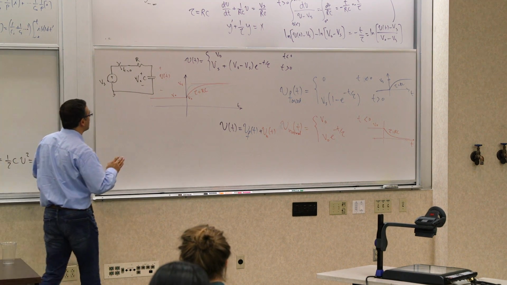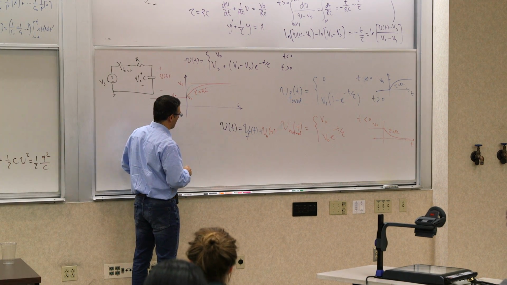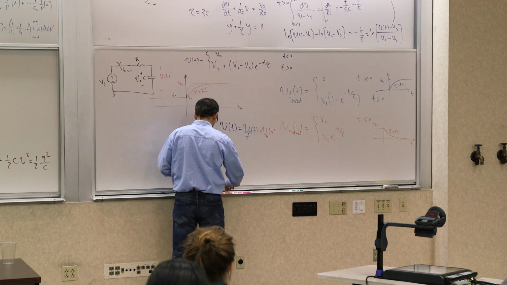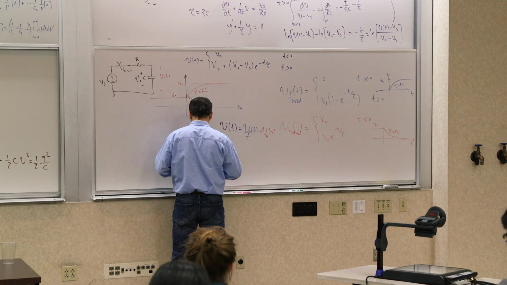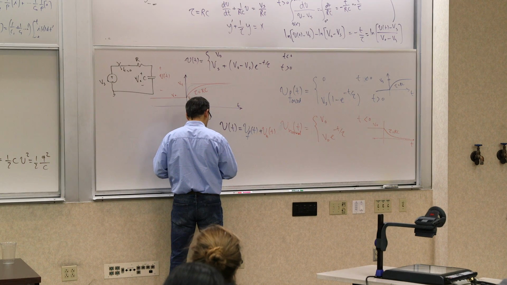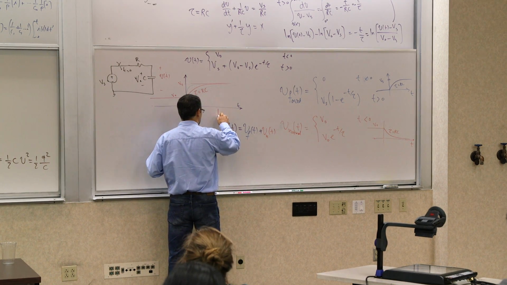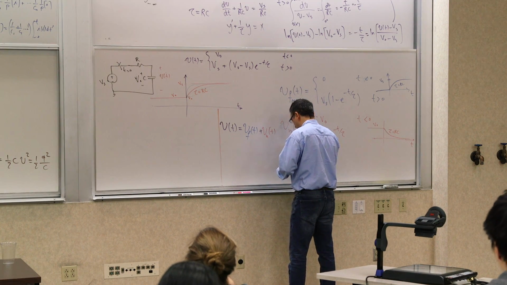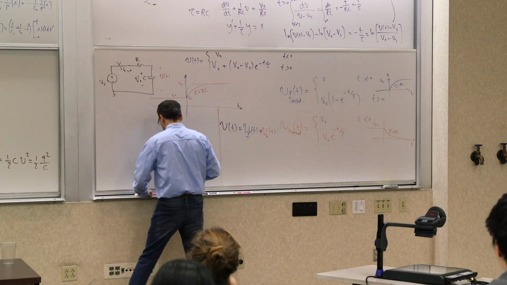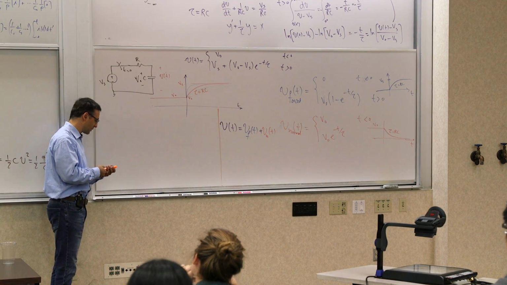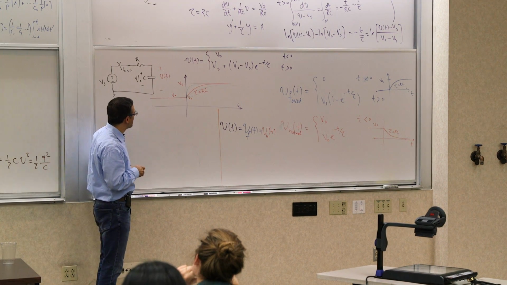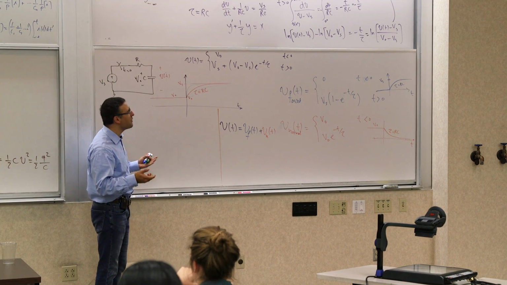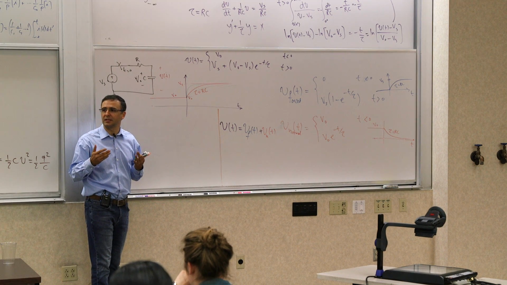Now, there's an alternative decomposition. Let's see. My color combination is not going to work perfectly, but that's okay. There's another way to decompose this V of t.